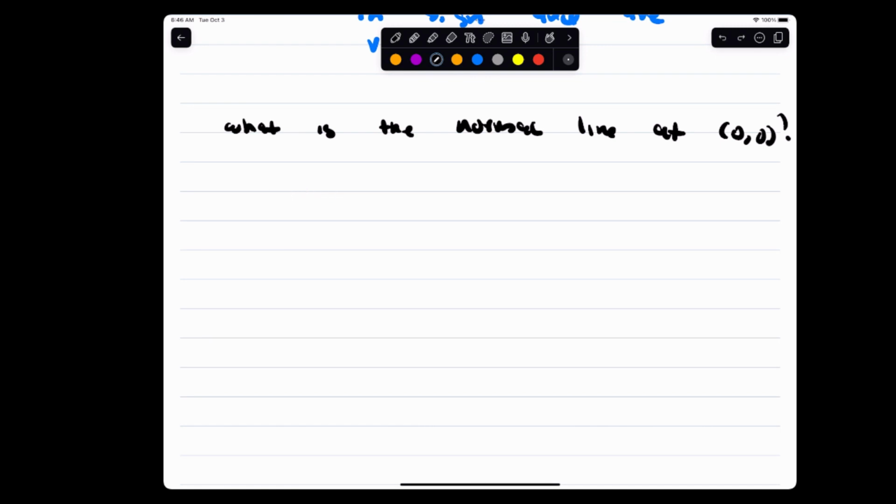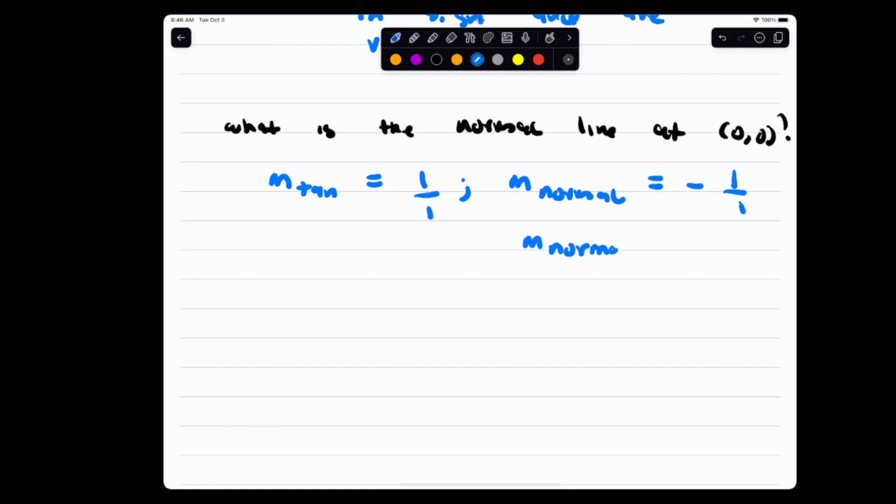Do you guys remember the value for m tangent at that location? It's positive 1. Is that true? So what's the slope of the normal line at that location? It has to be opposite in sign, reciprocal in value. Can I put that as 1 over 1 so I could get a reciprocal? Yes. So then that makes it minus, flip 1 over 1. Don't you get 1 over 1? So here's my point. The slope of the normal line is actually negative 1.